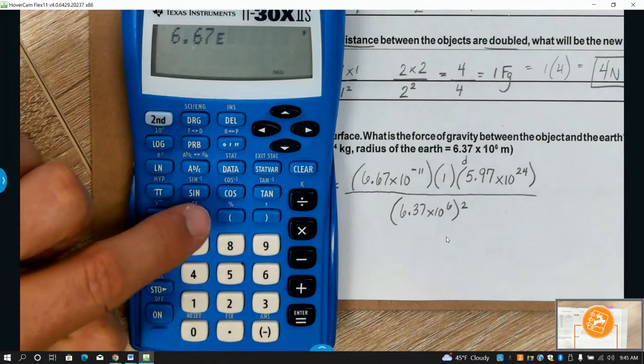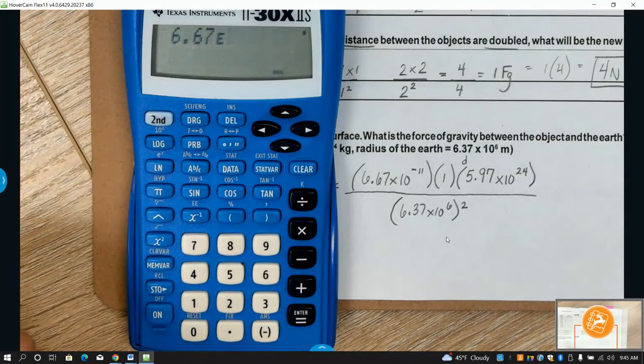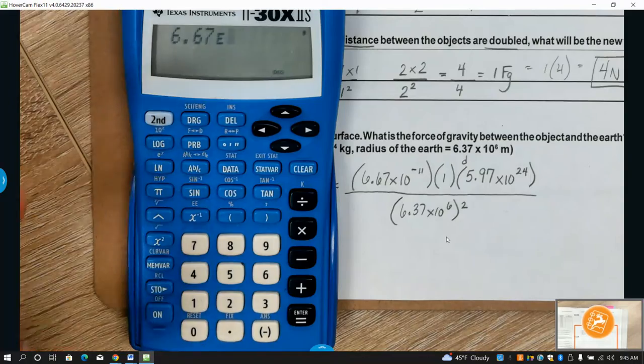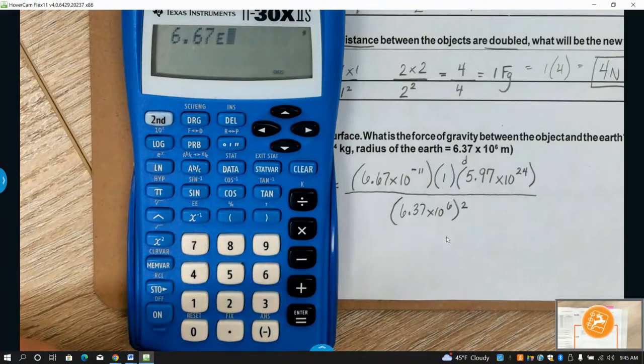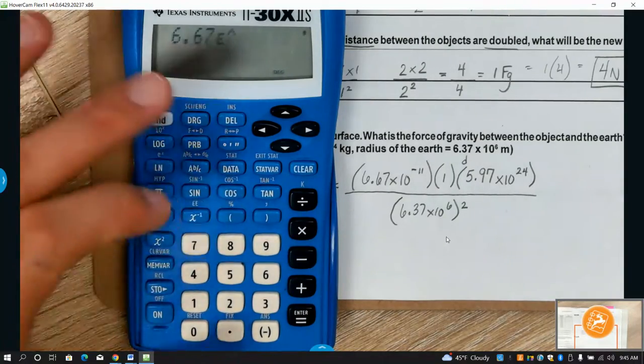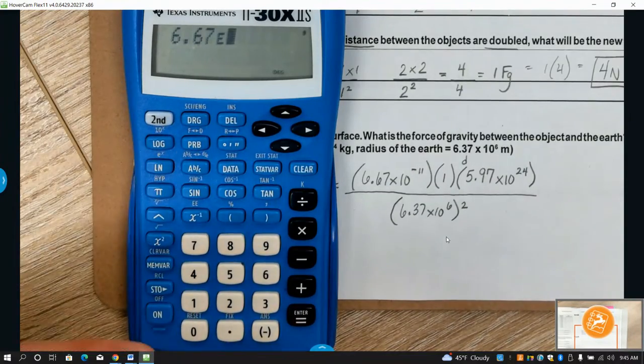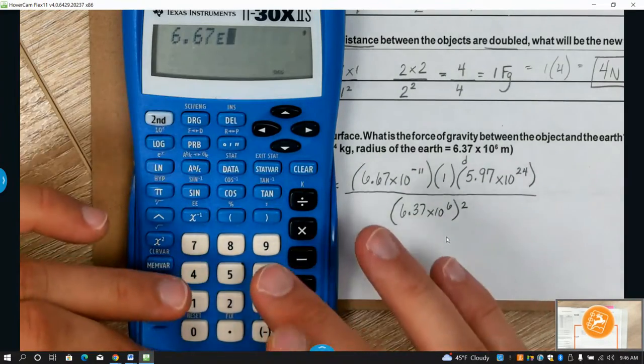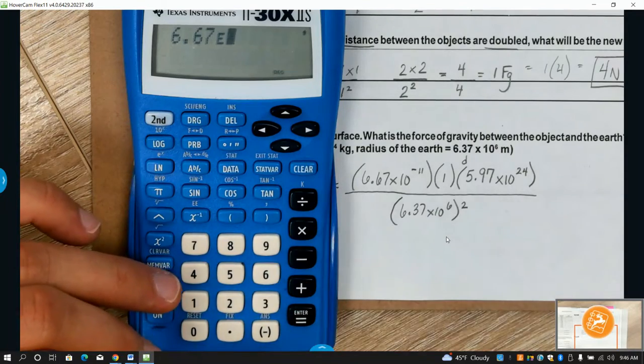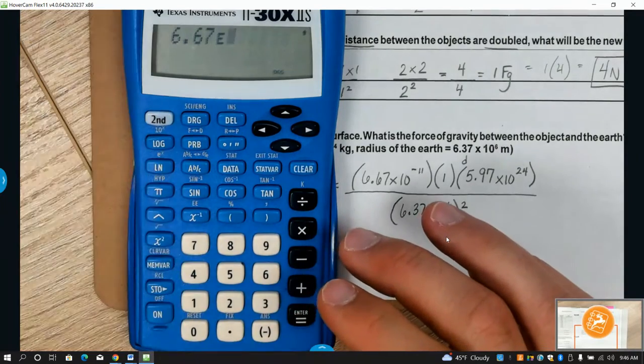So I hit second, this, got that. After E, you don't put this. You just type the exponent. If the exponent is positive, you just put that number.